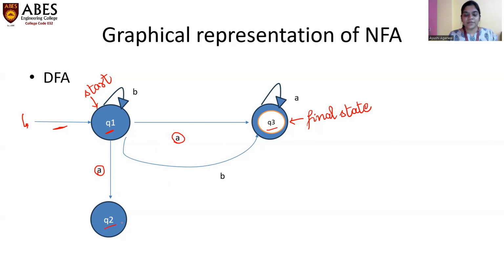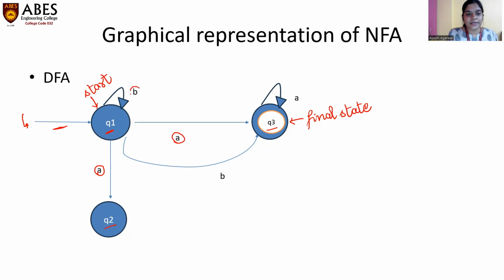So by reading the same input character, we are moving to two different states. However, in case of DFA, we have seen that by reading one specific input character, we are moving to one specific state, right? But in NFA, by reading one symbol, we are moving to different states. That's the difference between NFA and DFA, and that is why we have stated that there are multiple states from one single input.